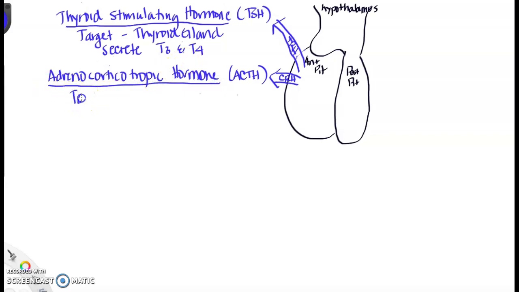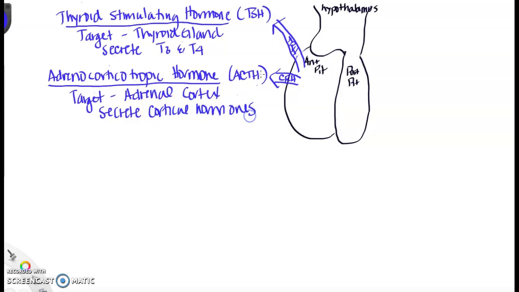The target is the adrenal cortex. It targets the adrenal cortex to secrete cortical hormones. So mineralocorticoids, glucocorticoids, and androgens.